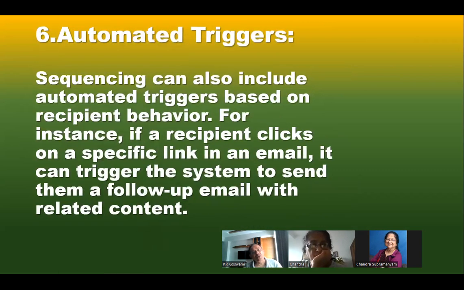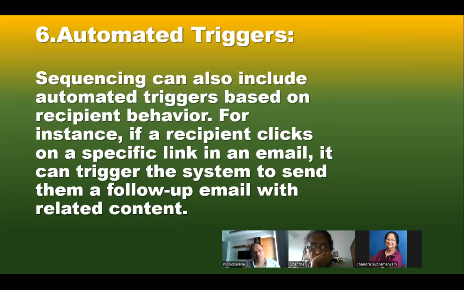Then automation triggers. See, what is actually automation? Automation means it depends on your preference or your behavior, or when you are clicking on a particular subject. Now suppose I am keeping three buttons: one about physical, one about emotional, and one about spiritual. So I am talking about health: physical, emotional, spiritual, and mental also.